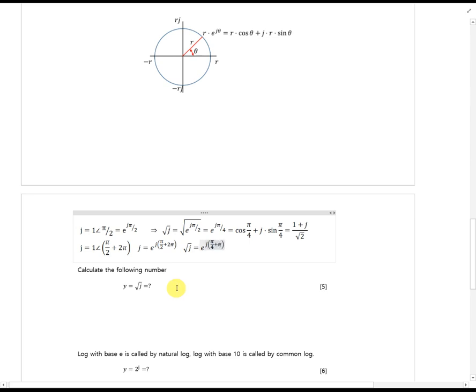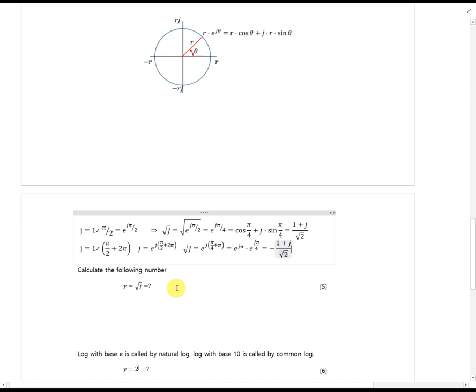Then you can interpret this as e to the j pi times e to the j pi over 4, which is minus 1 plus j over the square root of 2. You can get this result.